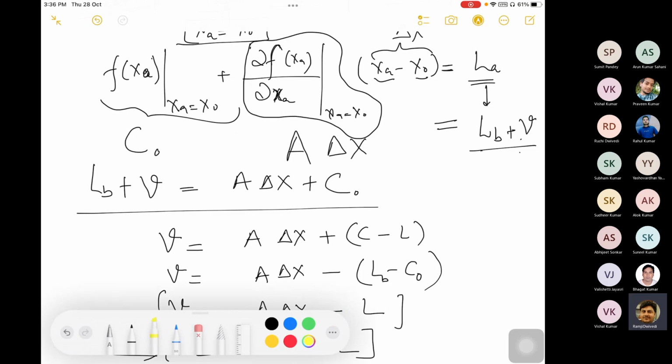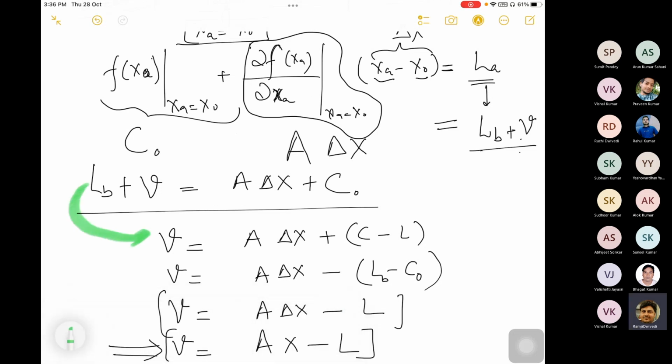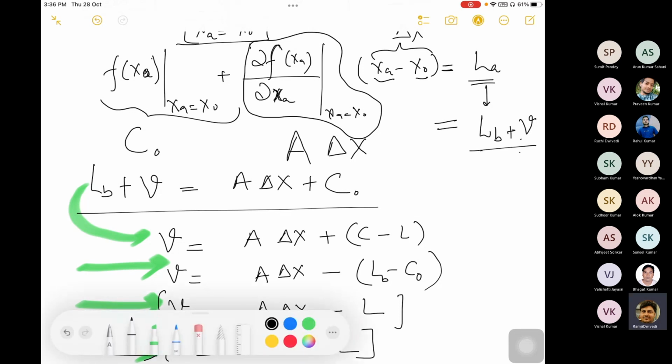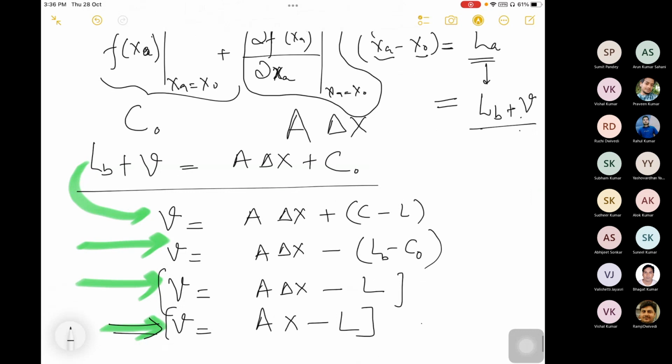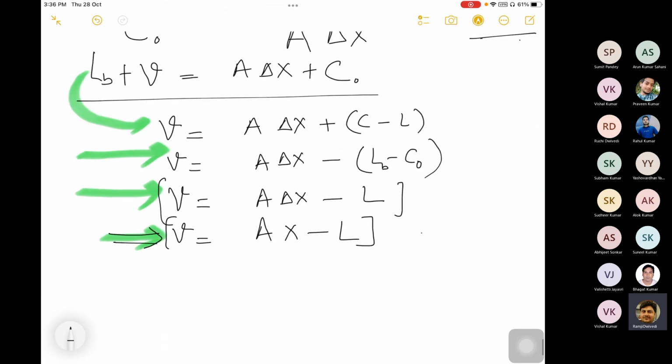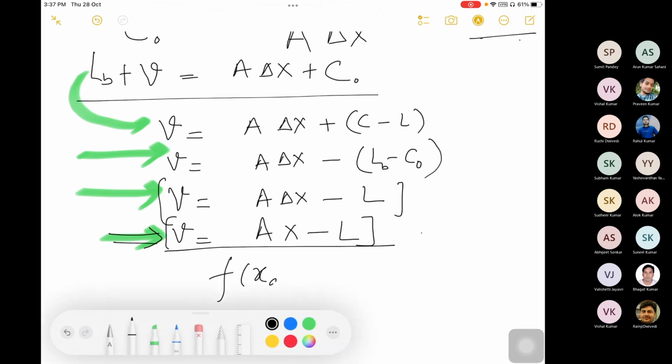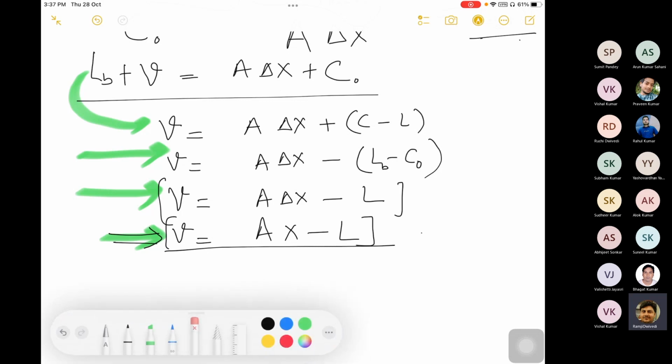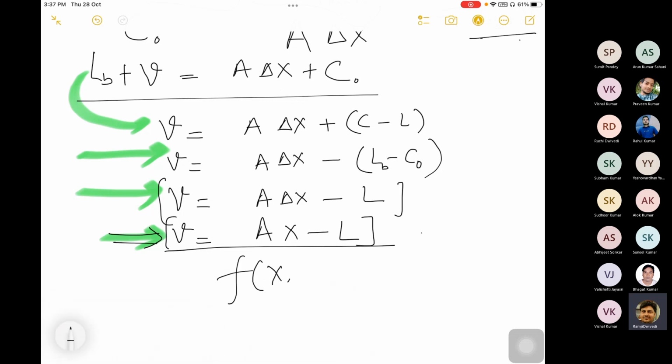These are the 5 steps which you need to understand. First this, second this, third this one, and finally you achieve the linearized solution. This is your linearized solution, V is equal to AX minus L. So you started with this f of xa is equal to la, isn't it?